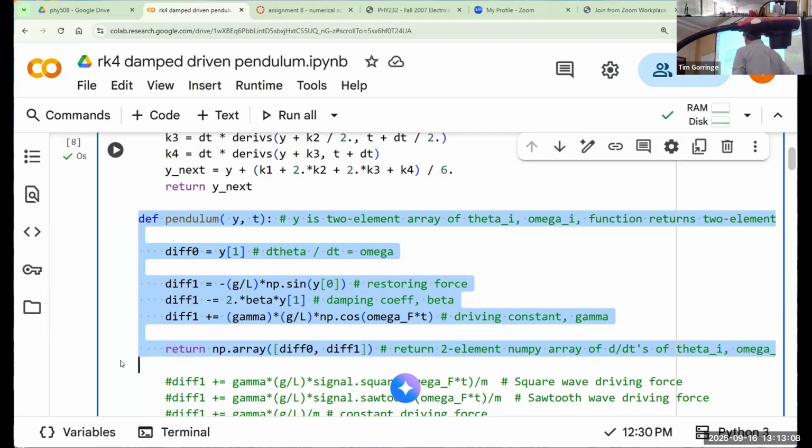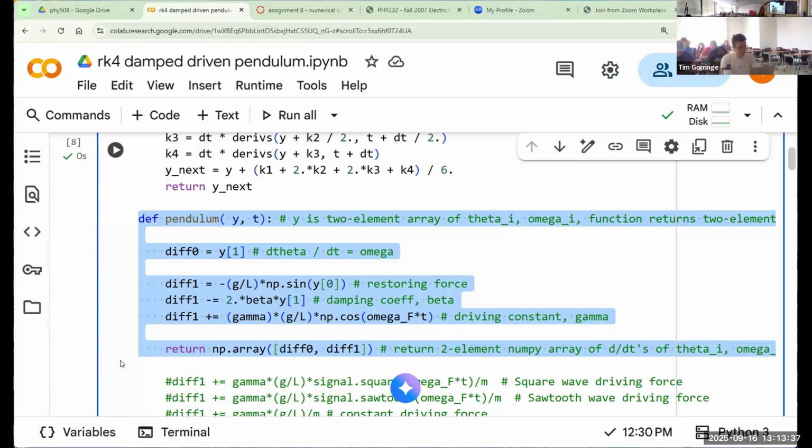user function. My user function is called pendulum. I'm passing to it the current values of the coordinates of the pendulum, and it's going to return the differentials of the coordinates.